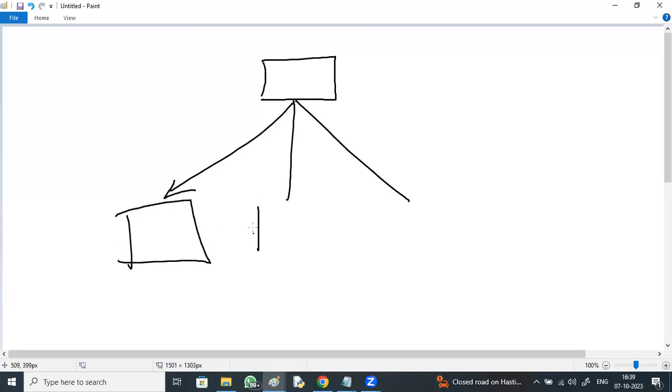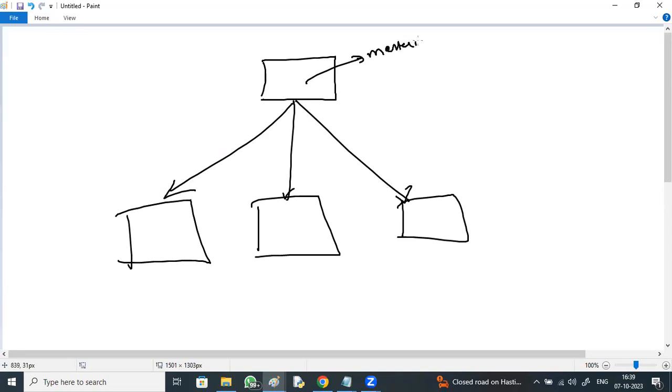Master and slave, master and slave. S1, S2, okay. Single master and multiple slaves.